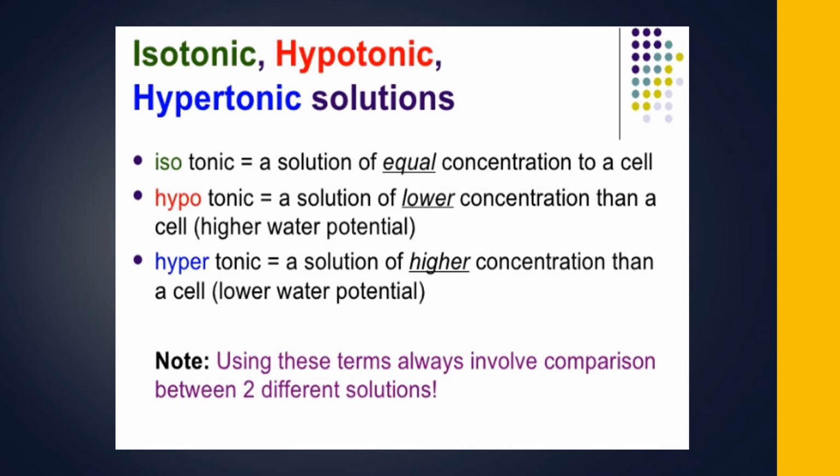Hypotonic is a solution of lower concentration than a cell, in which there is higher water potential. While hypertonic is a solution of higher concentration than a cell, meaning there is lower water potential.